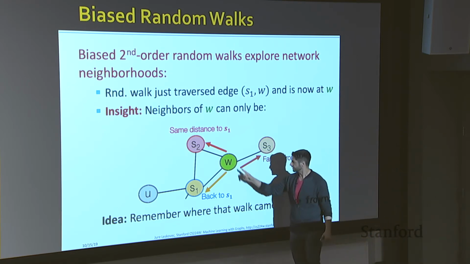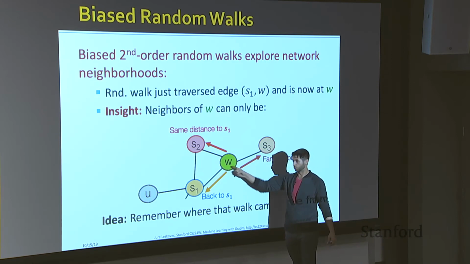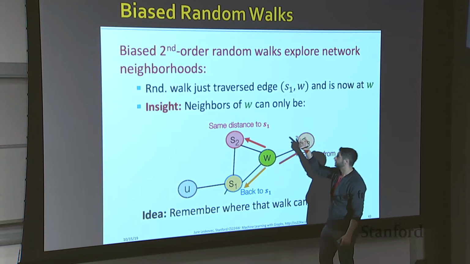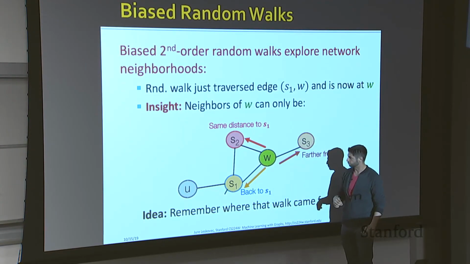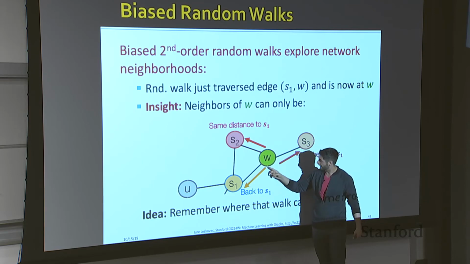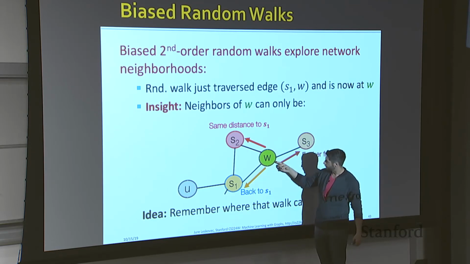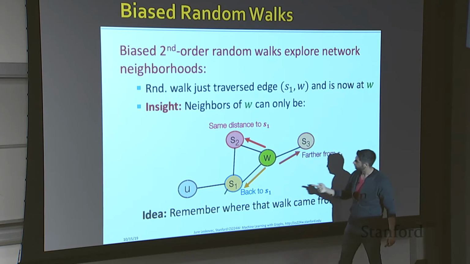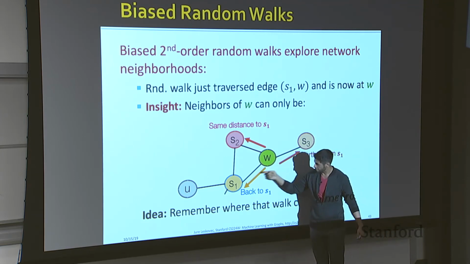So say we are currently in node W and we came from node S1, what a second order random walk is able to do for us is to say, okay, the previous step was S1, and this is useful for us because basically for each transition among these different edges, it will be able to tell us if we're going back to our origin node or not, okay?